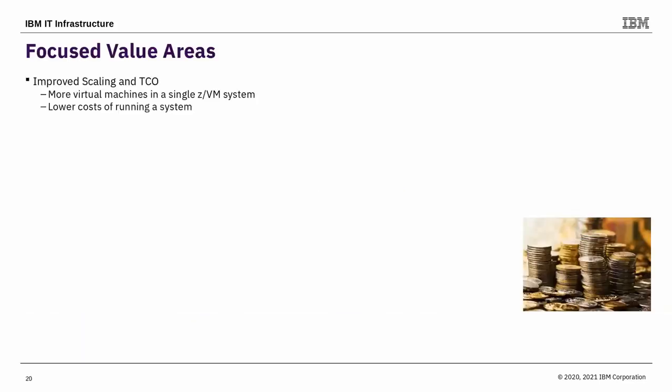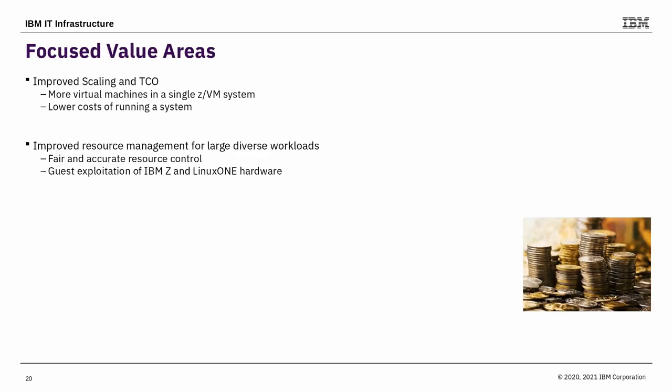So focused value areas: improved scaling and total cost of ownership, so fitting more into less and lower costs of running a system. Improving resource management. As usual with zVM, there's all sorts of mixed workloads, from small numbers of large to large numbers of small to everything in between and mixed.